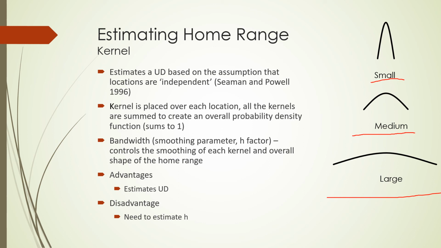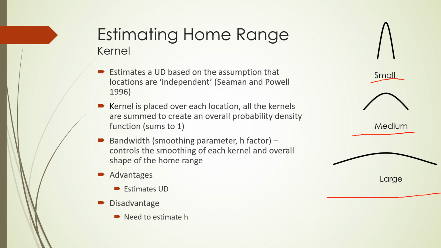Okay. And what you do is you put these distributions around each point, and then you sum them all up and standardize it so that the probability sums to 1 for the entire home range. And then you can get a very lumpy home range distribution.